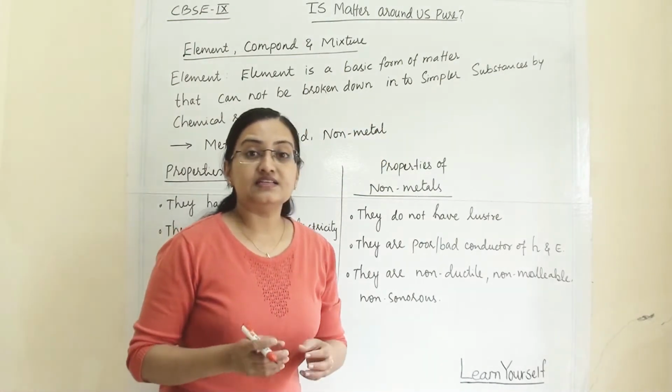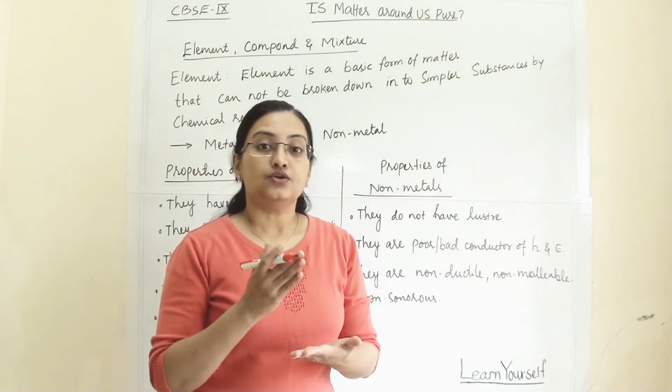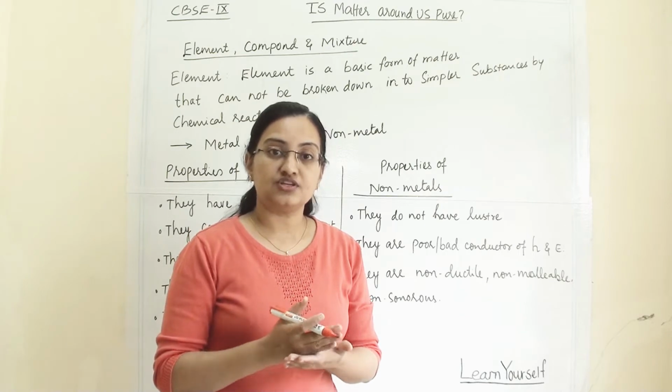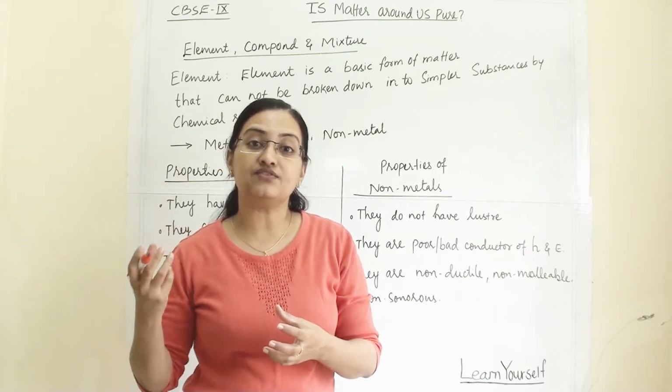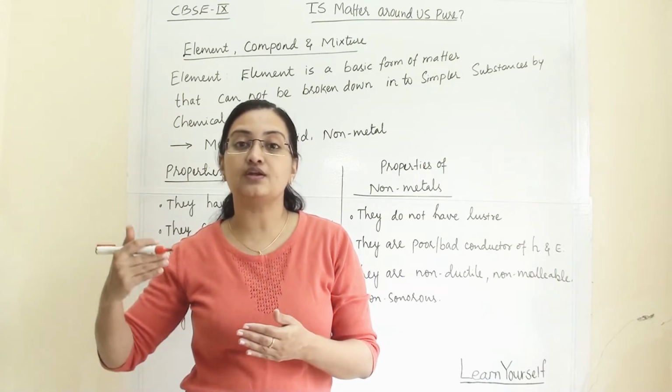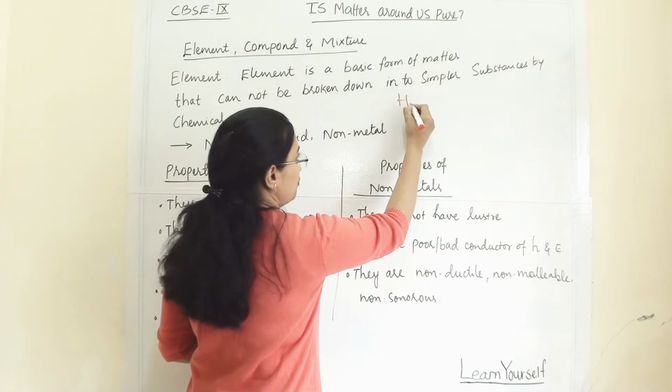So an element is a very minute form of any matter. Once you perform a chemical reaction and decompose a substance, you can go on until you reach the element, but further you cannot decompose that substance. For example, we have H2O.